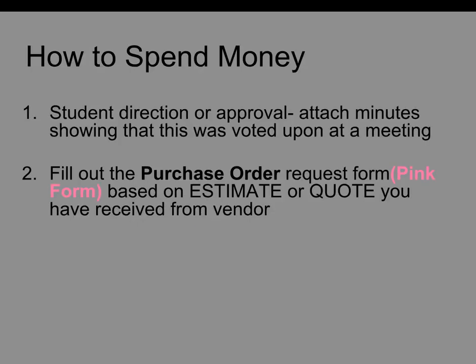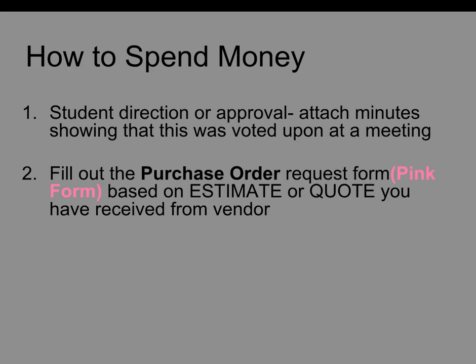Let's get to how to spend money. This is the greatest need for coaches and advisors. First of all, you understand the money belongs to the students, and so we need to see evidence that there was student direction or approval for any spending purchase, okay? We have meeting minutes attached in your document package so that you know how to keep track of formal meeting minutes.